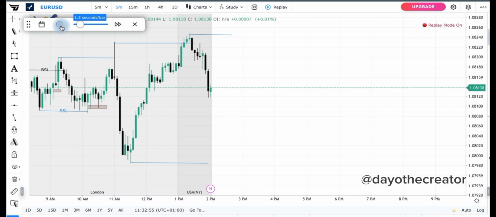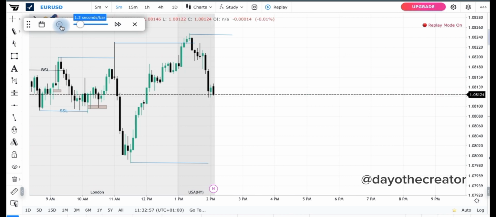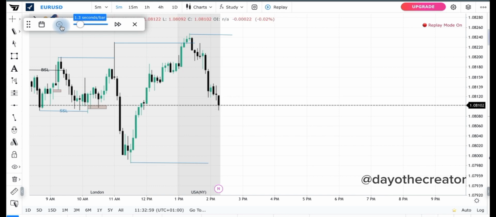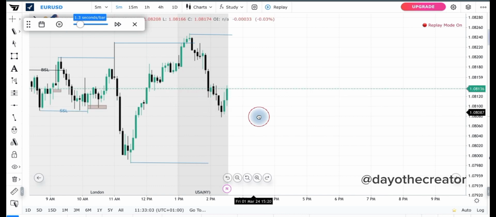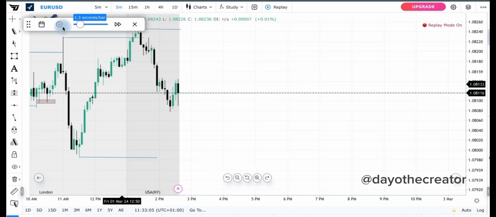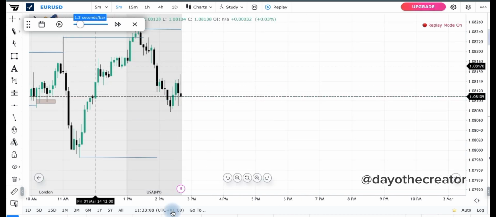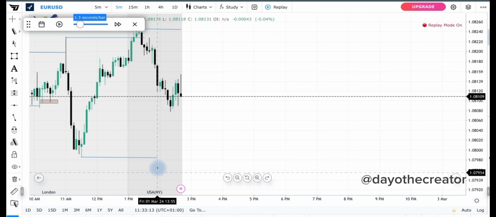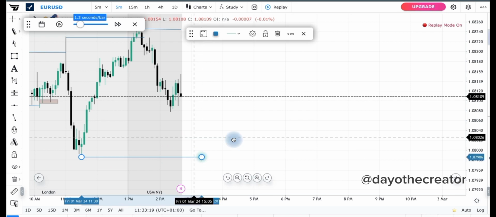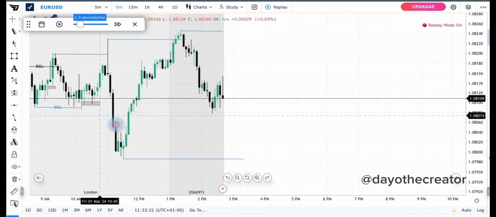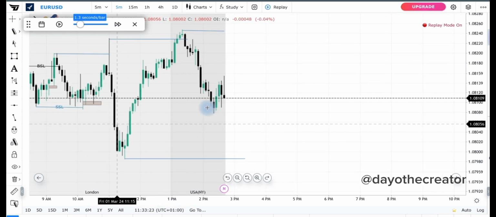There's a rejection to the downside, thereby ignoring the new high, and it's targeting the low. As you can see, we are already at New York session. It's 2 o'clock already, and there's a rejection at this region.